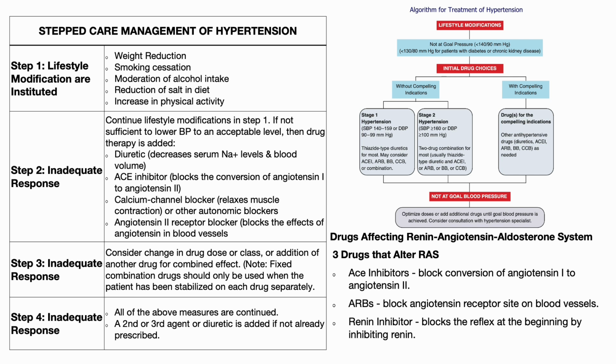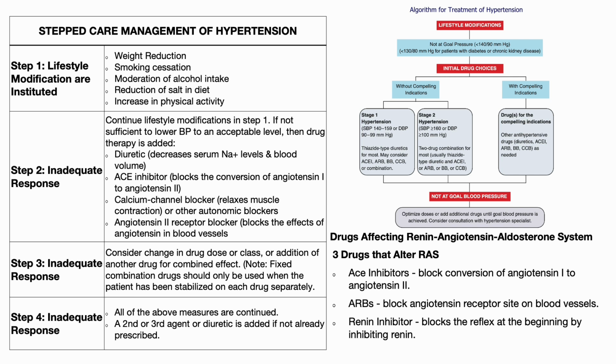So for that, we can add a diuretic, ACE inhibitor, calcium channel blocker, or angiotensin II blocker. It will just depend on the recommendations of the doctor per patient's condition. If step 2 is still inadequate, then we proceed to step 3.